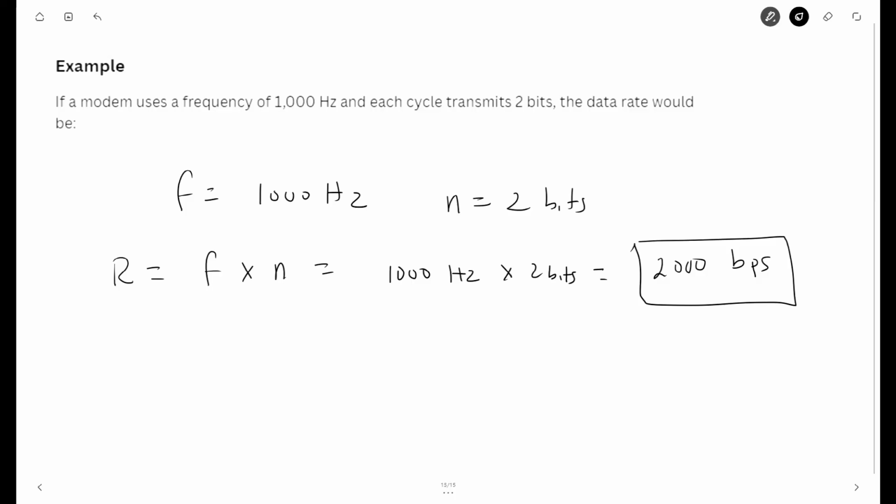This calculation provides a framework for understanding how the frequency and symbol rate impact the overall data rate of a communication system.